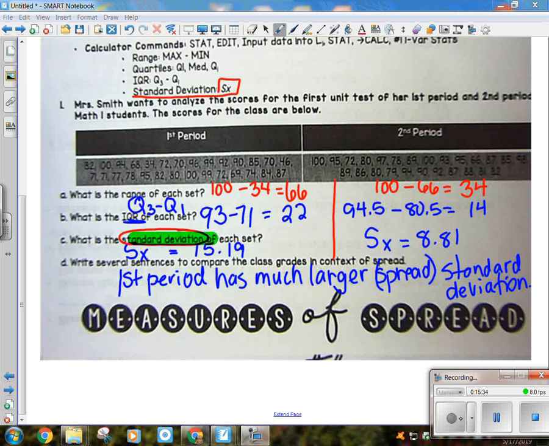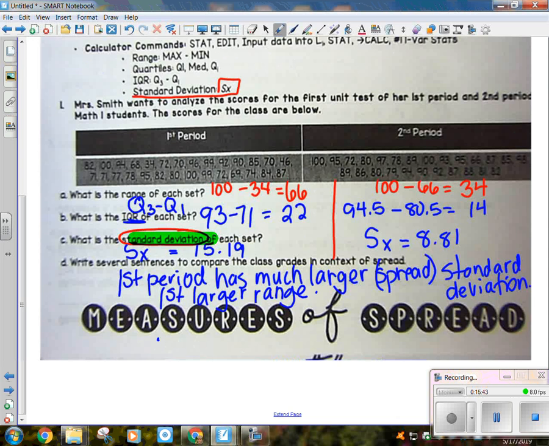First also has a larger range. Second period has a smaller range, less of a spread, so less standard deviation.